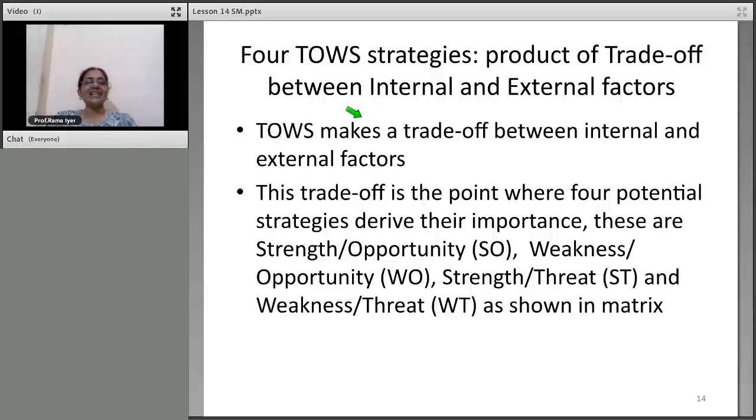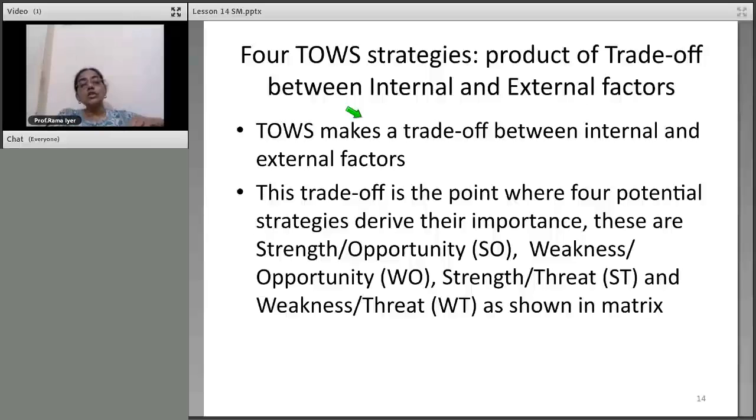TOWS strategies are a product of trade-off between internal and external factors. There are 4 aspects, right? You can have some strengths, some weaknesses, and some threats. So 4 methods in which it can be traded off.